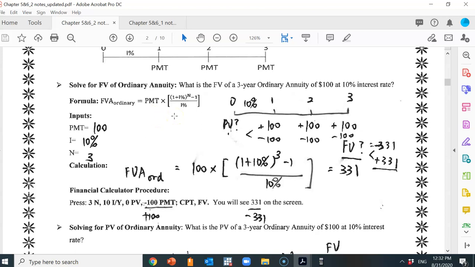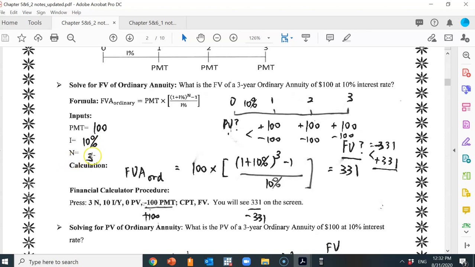But you need to know what each variable stands for and what numbers you should use when you are using the formula. For example, here the payment would be 100 because we have three 100s. In the formula, I, the interest rate, would be 10%, because we keep the percentage sign.